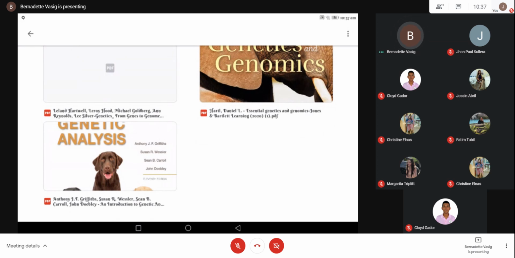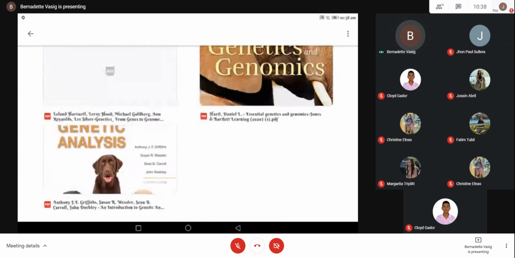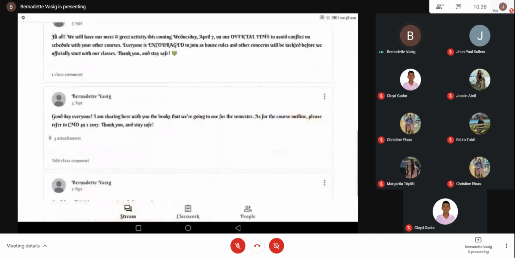Mendel's law of segregation, the law of independent assortment, as well as extensions and mutation, we will take from Griffiths. And there are also some topics we will take from Campbell. It depends on the topic. You will not stick to just one book.